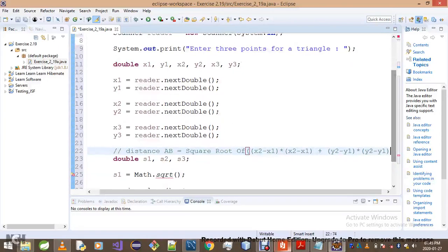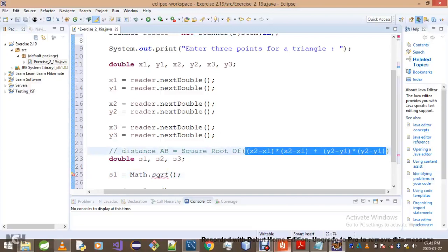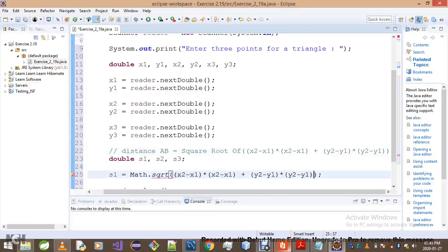Okay, in order to find S1, we simply copy and paste this whole thing. So this is what we need: it's x2 minus x1 squared plus y2 minus y1 squared.